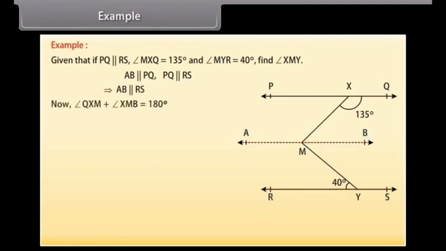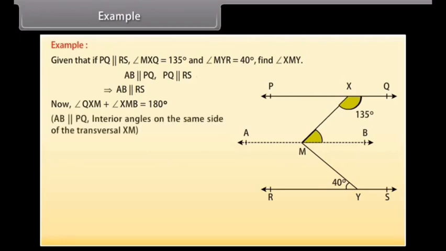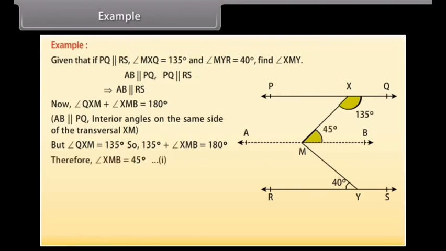Now angle QXM plus angle XMB is equal to 180 degrees, as AB is parallel to PQ, interior angles on the same side of the transversal XM. But angle QXM is equal to 135 degrees. So 135 degrees plus angle XMB is equal to 180 degrees. Therefore angle XMB is equal to 45 degrees.